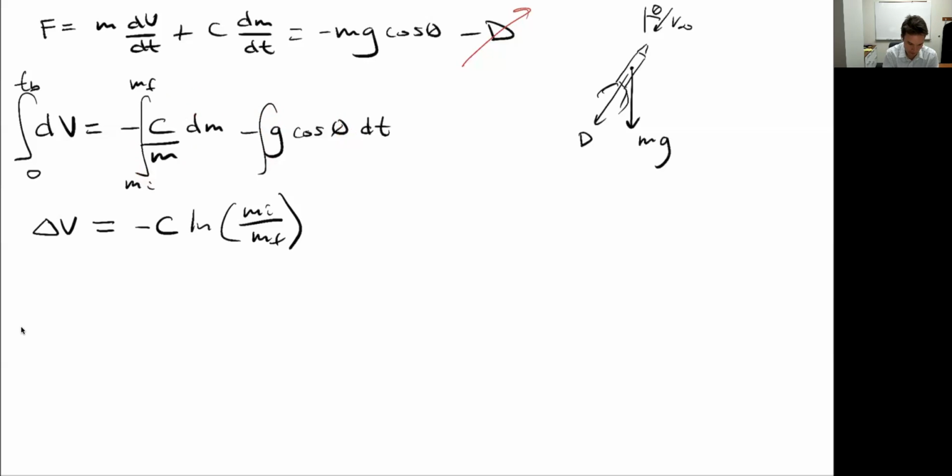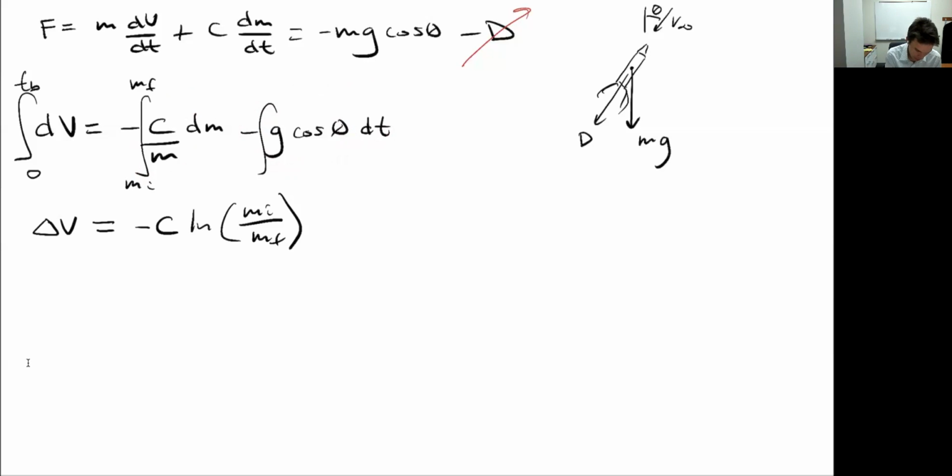So let's ignore it. If you wanted to include this, you should probably do the integral. But if you're trying to do a first order analysis and we just want to understand roughly where we're going to be, this is good enough. So what does this equation say?